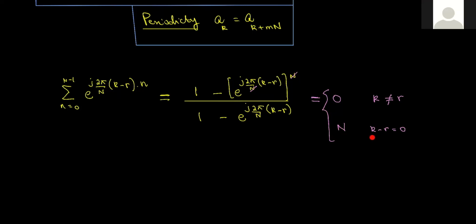So I say that this is equal to capital N when k minus r equals 0. Is this the only condition, or can there be another? Can you think of some other condition for which this is going to turn out to equal capital N?